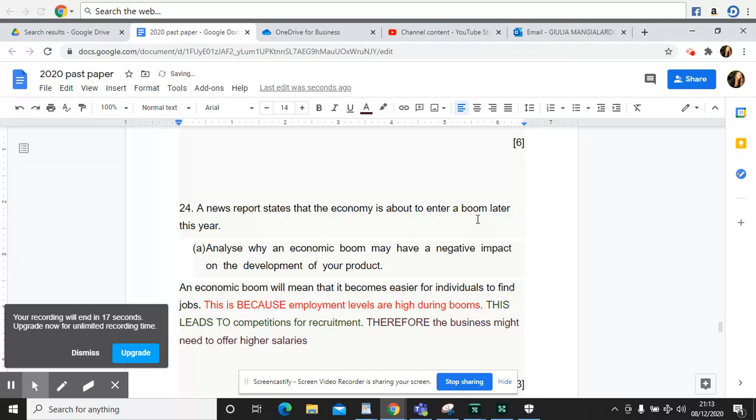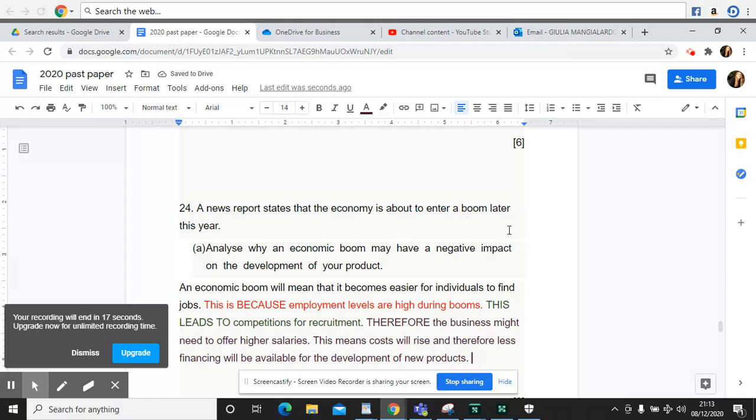And how does offering higher salaries impact product development? This means costs will rise, and therefore less financing will be available for the development, let's say, of new products.